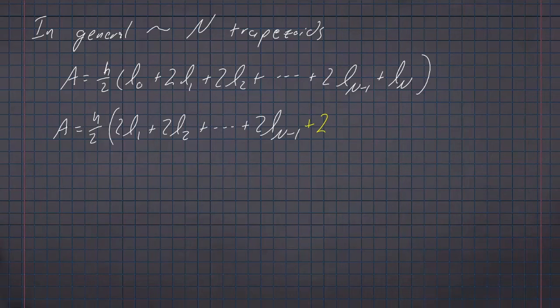The fact that Ln didn't have a 2 in front bothered me as well, so I'm just going to introduce that 2 in front. And only here at the end I'm going to put back my L0. Because I put that 2 on Ln, I have to fix that somehow. I do that by subtracting an Ln right back off.